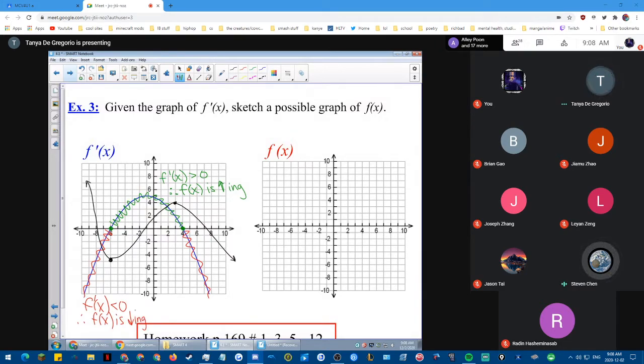Miss, should the second point be 1 unit to the right? Am I off? Let me check. There we go. Thank you. Okay, perfect.